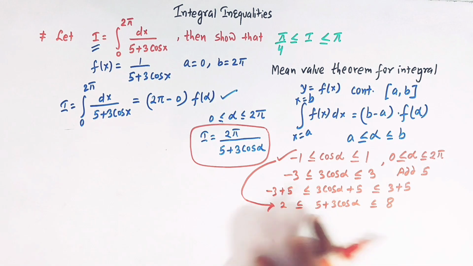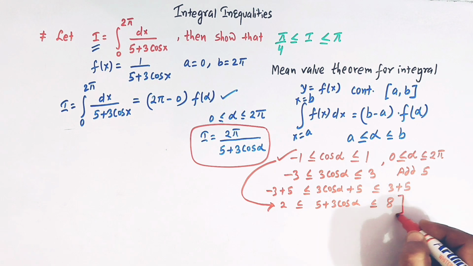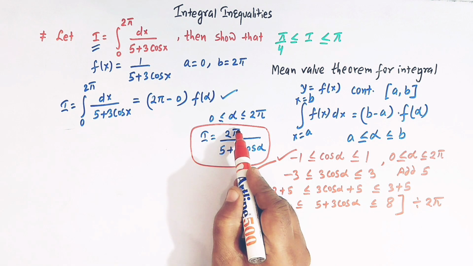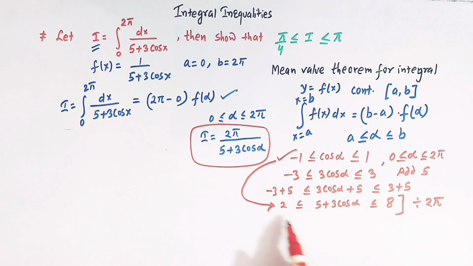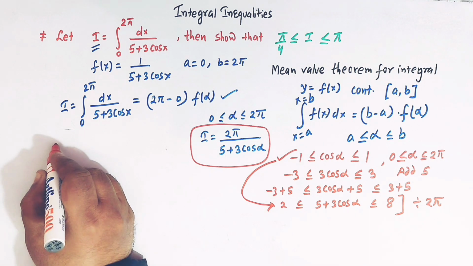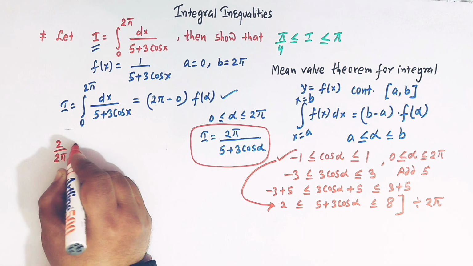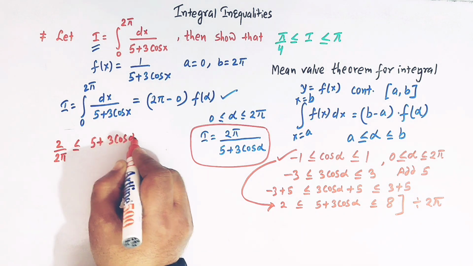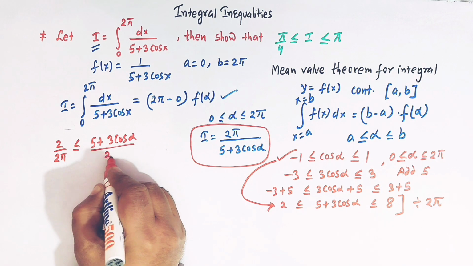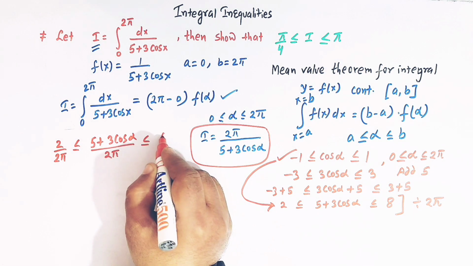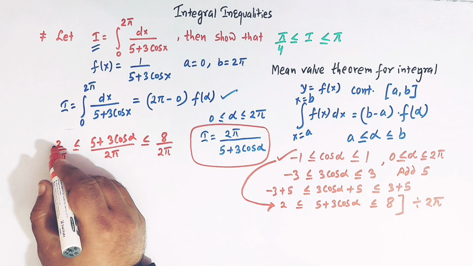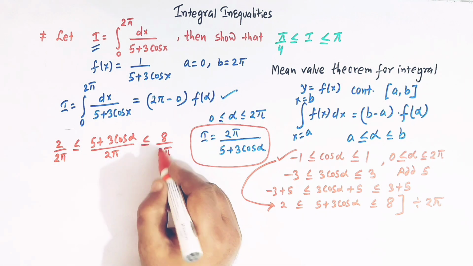So now let us divide this inequality throughout by 2 pi, because here we have a factor 2 pi, right? So what we will get here, we have 2 over 2 pi, then we have 5 plus 3 cos alpha divided by 2 pi, and here we have 8 divided by 2 pi, right? Now here we can cancel the common terms.